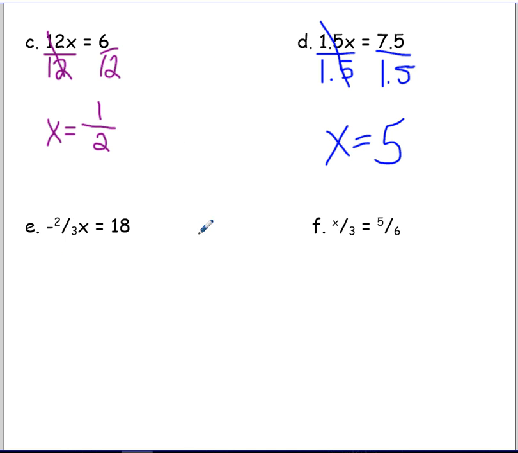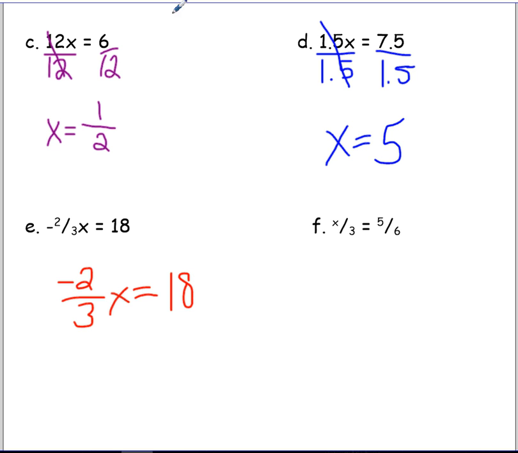Now let's take a look at some fractions. Remember, to divide off a fraction, we're going to flip and multiply by the reciprocal. And so we have negative 2/3. So let's write it down here so I have more room.